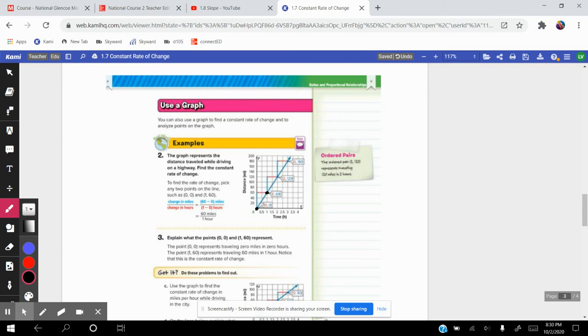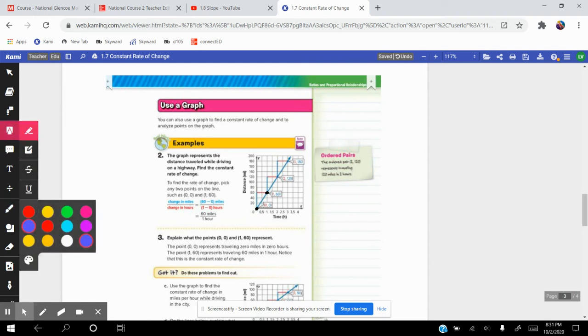We're going to find the change in miles, which are our y values. In this case, that's our 60 and our 0. And we're going to do 60 minus 0. Then we're going to find the change in hours, which is our 1 and our 0.